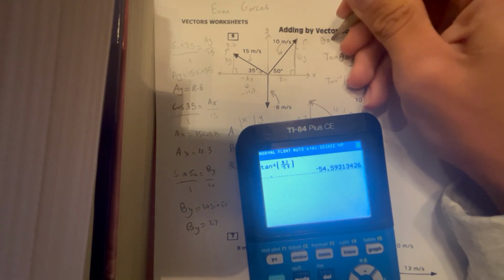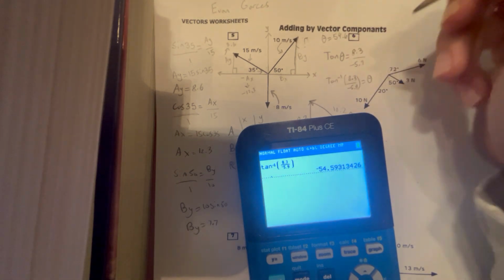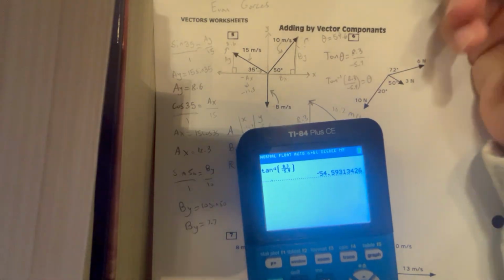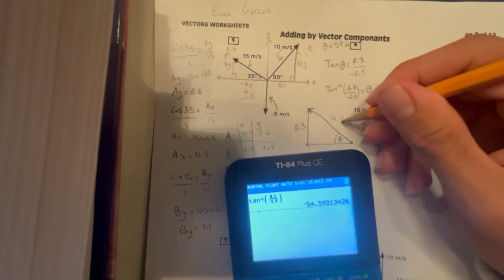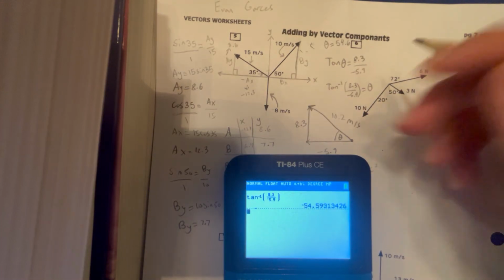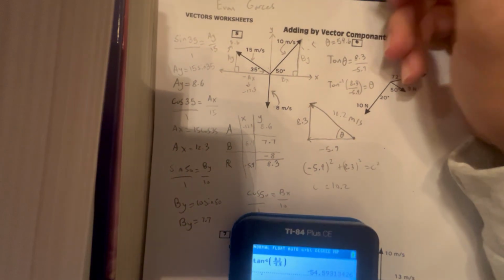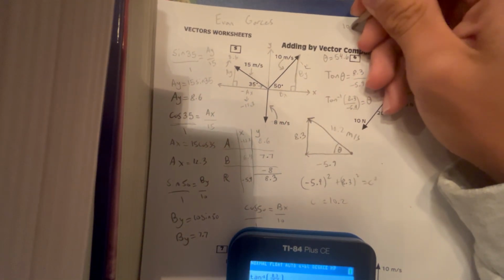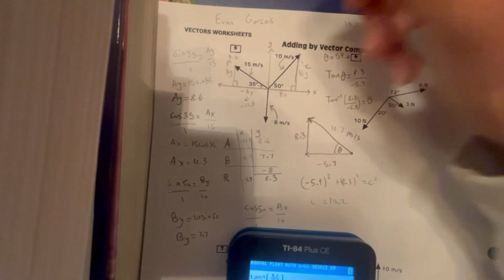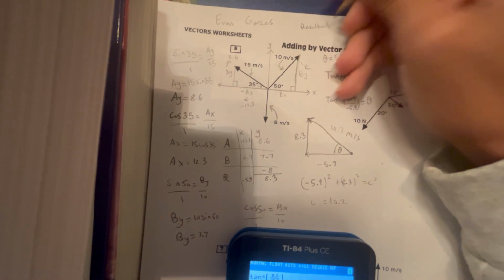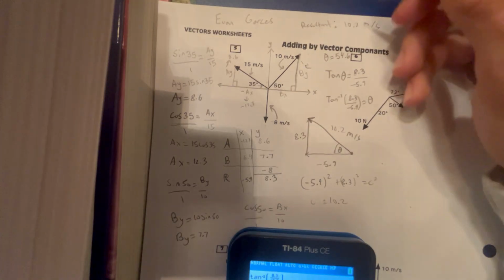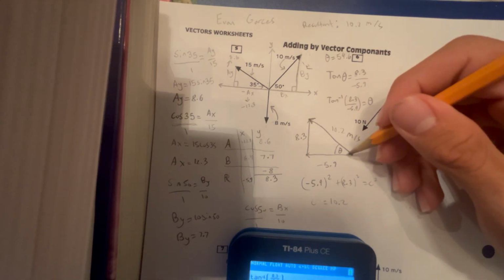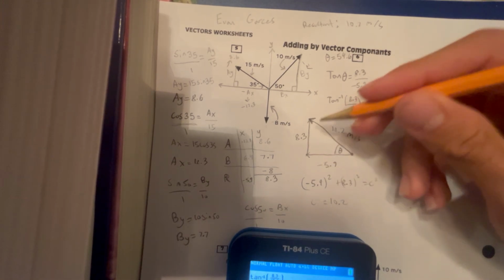So you're going to get 54.6 as your angle, because that's what you did: tan inverse, blah, blah, blah. Anyway, now that we have both our distance and the angle, we have to figure out how to write it. First we're going to write R equals 10.2 meters per second. This is what the resultant equals, that was what we were trying to find. And then we know that off the origin, it's going left, which is west, and up, which is north.